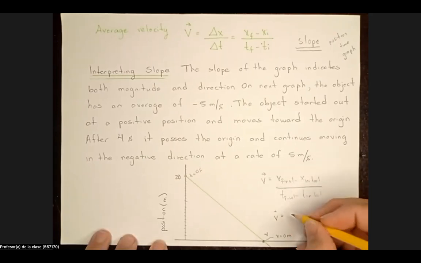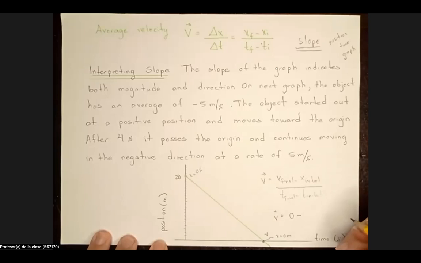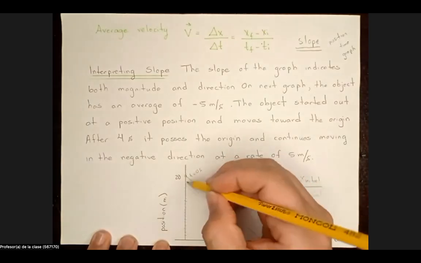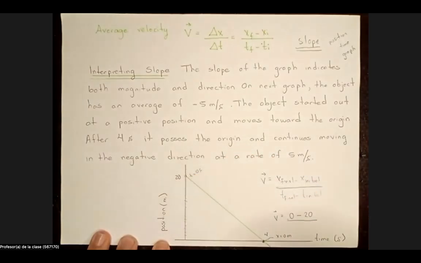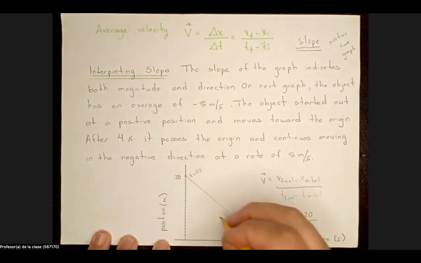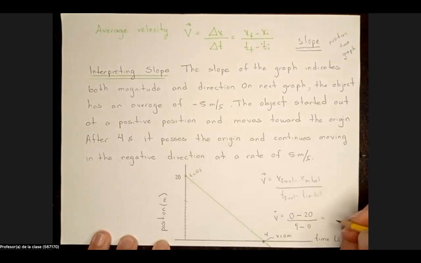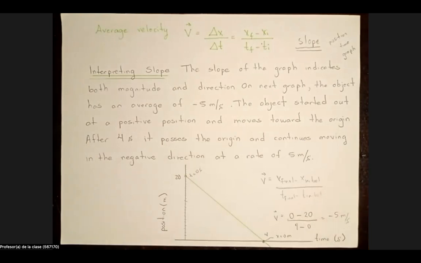So final position will be 0, initial position will be 20, okay, take it easy. The final time will be 4, and the initial time will be 0. So you can put this on the calculator and it will give you -5 meters per second, okay?